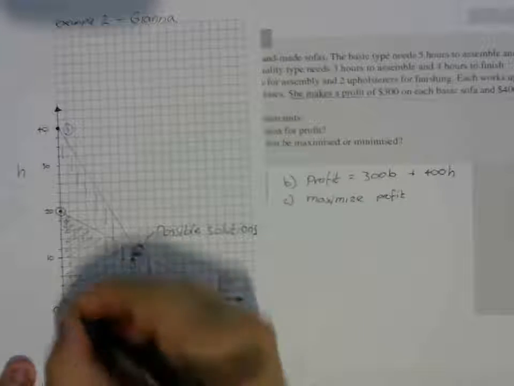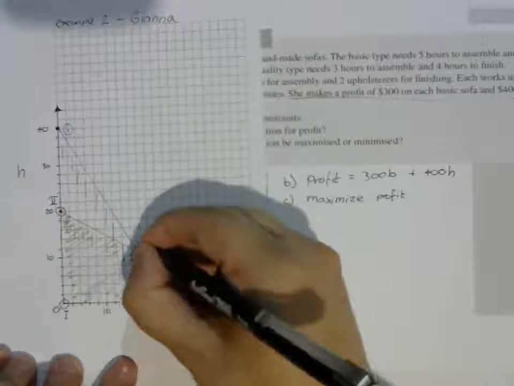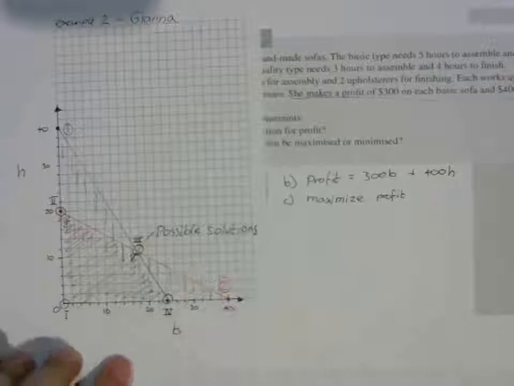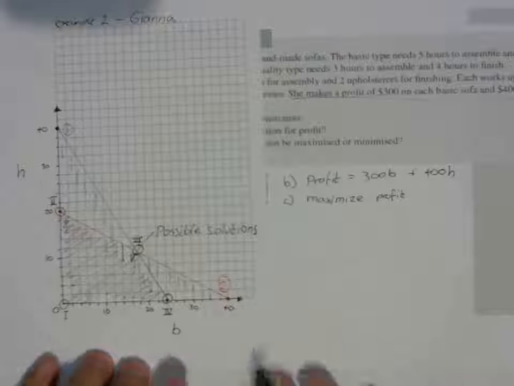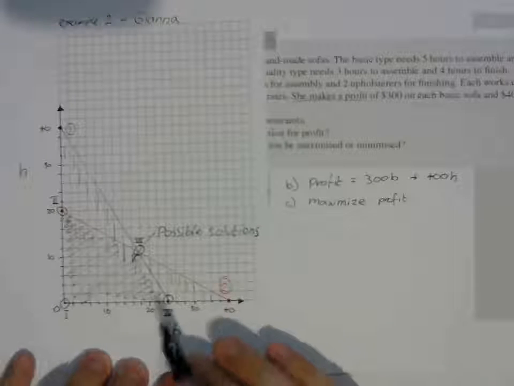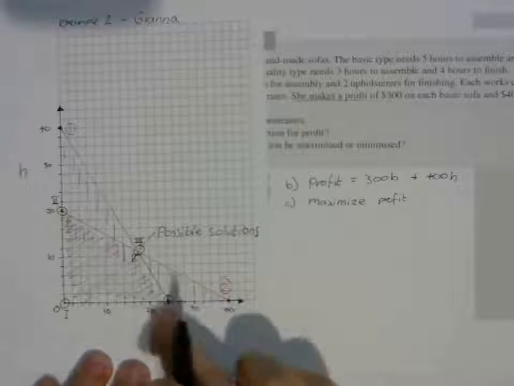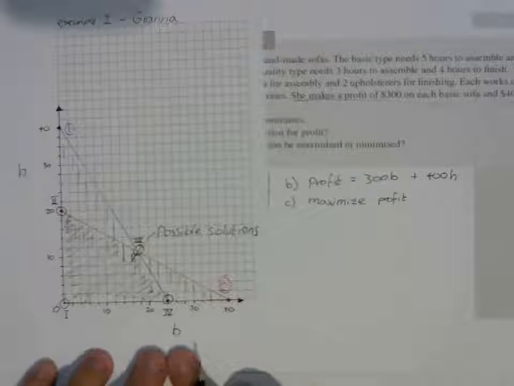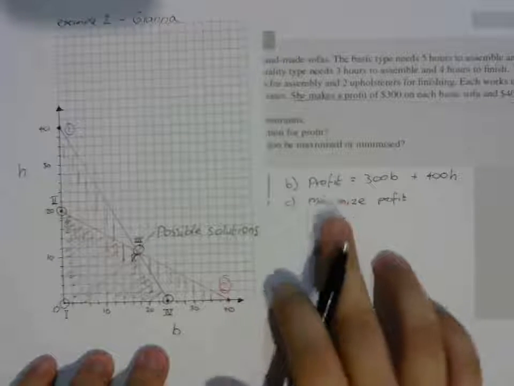We'll name them with Roman numerals: 1, 2, 3, and 4. Now that we've identified the potential optimum solutions, we simply put these values for number of high quality and basic sofas into our profit equation and see which one is the biggest.